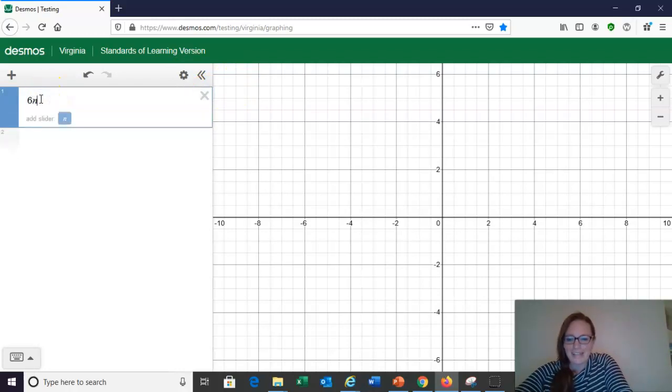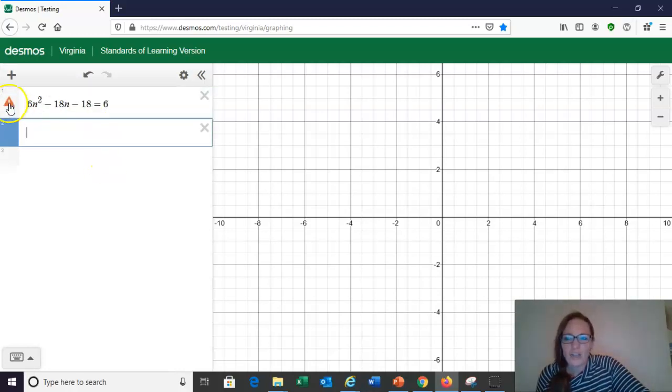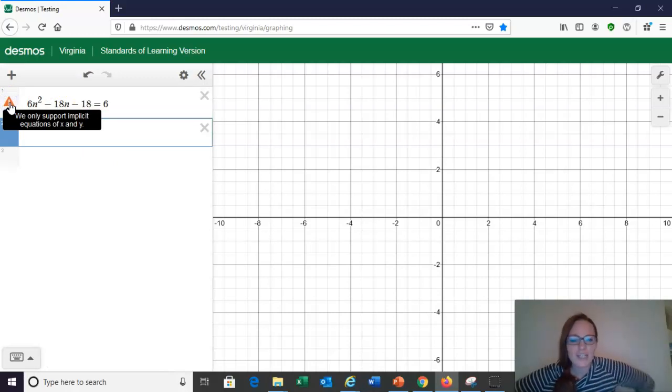Oh, because it's n. I wonder if that's going to mess us up. Maybe we'll have to just do x. Yep. As smart as Desmos is, look at that. We only support implicit equations of x and y. Interesting.